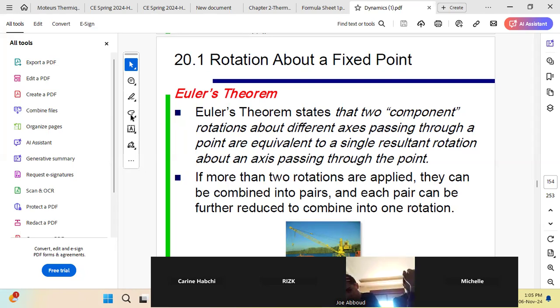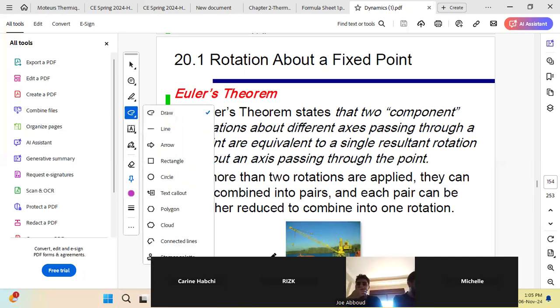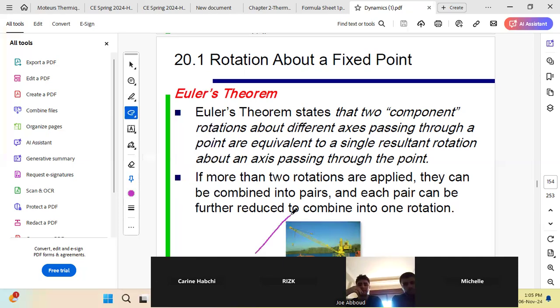This means that if you rotate about this axis and you have a certain elementary rotation about it, and then you rotate about another axis, you can find the omega total as a rotation about an axis passing through the same point.